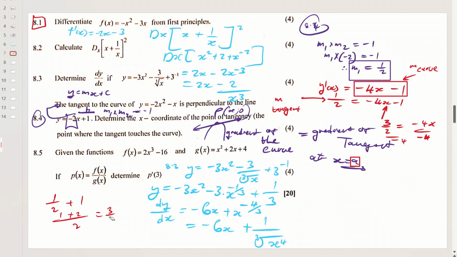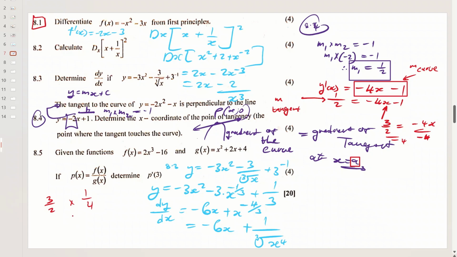So you have 3 over 2 divided by 4. That's the same as multiplying by the reciprocal, one over 4, so 3 times 1 all over 8. So that's 3 over 8.